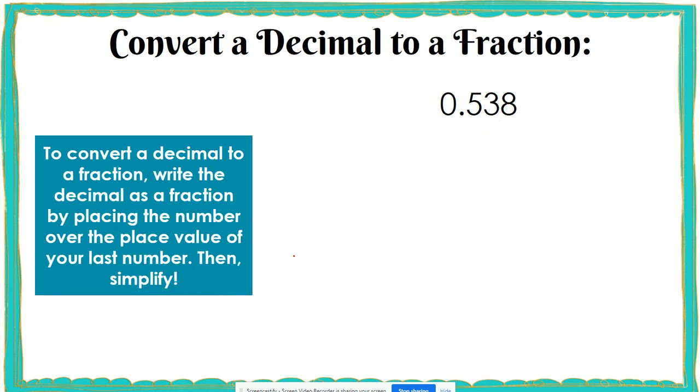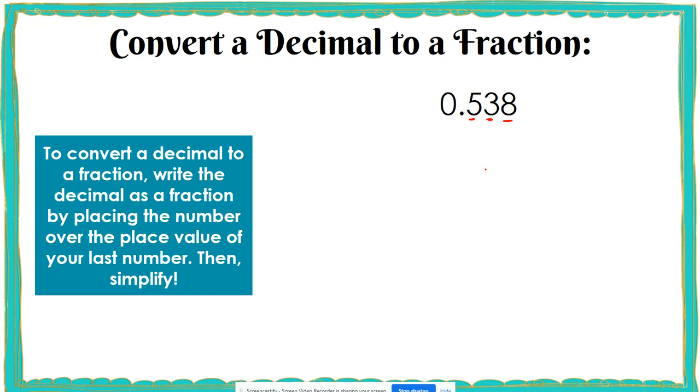To convert a decimal back into a fraction form, we would read this as 538 thousandths. I know that this is 538 thousandths because the 5 is in the tenths place, the 3 is in the hundredths place, and my last digit, 8, is in the thousandths place.